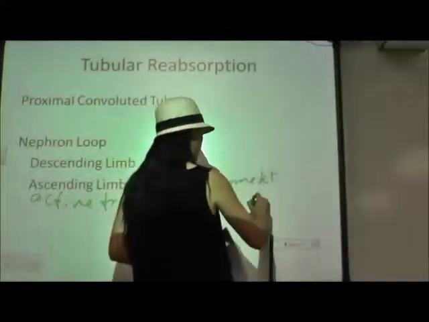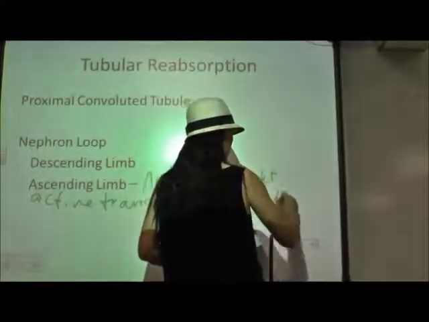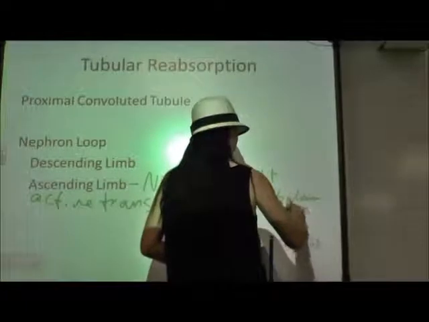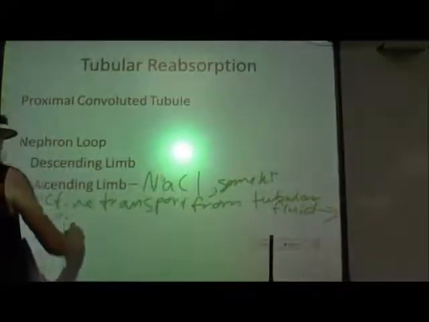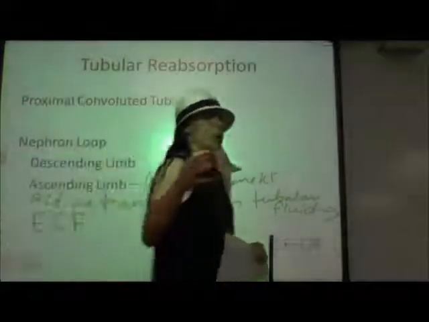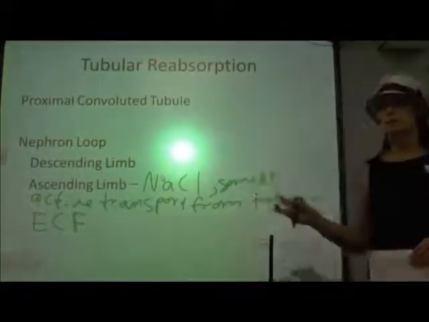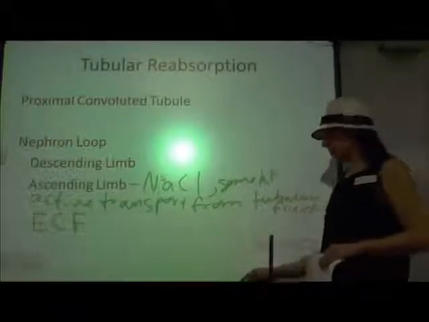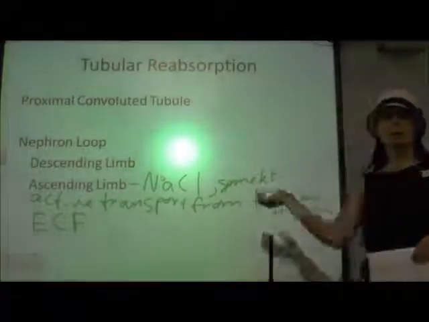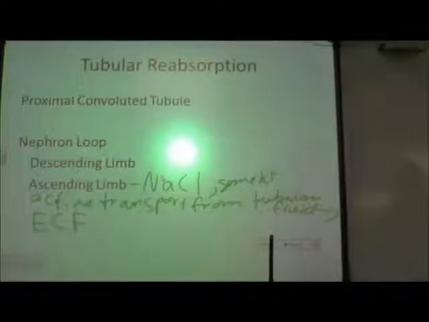So it's active transport from our tubular fluid to the extracellular fluid. And that's going to help concentrate our extracellular fluid. We want to really have a concentrated extracellular fluid so that we can set up an osmotic pressure gradient to reclaim as much water as we can when we get to the collecting duct.